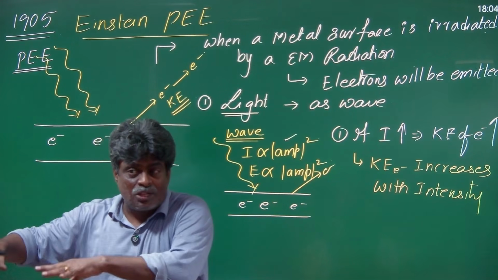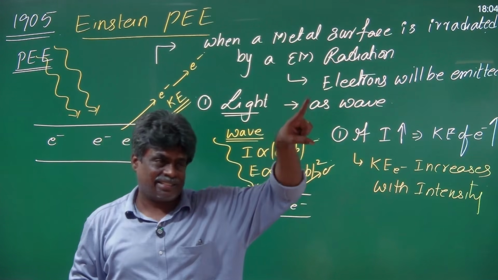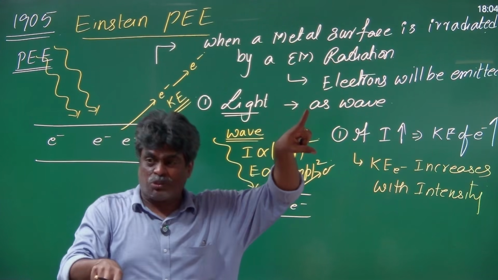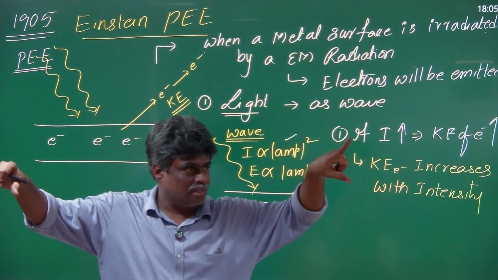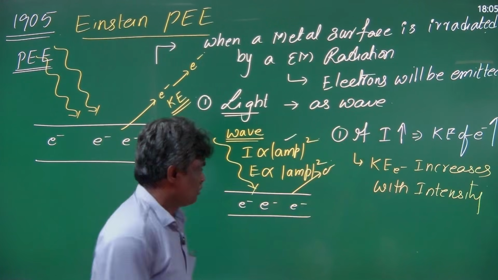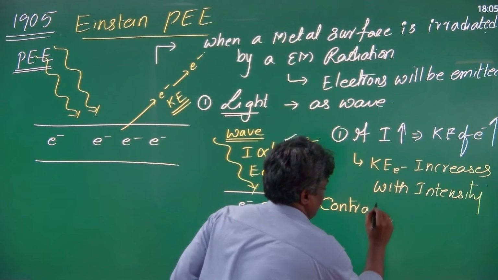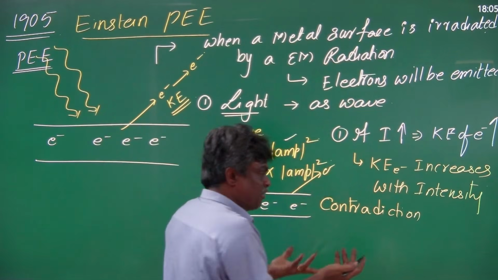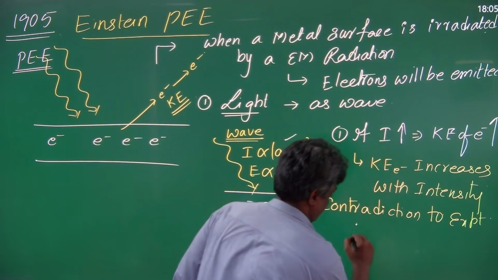So the kinetic energy of the ejected electron must vary with intensity. This all happens if you assume the light behaves like a wave. What is the point? So, contradiction. I can't write all the words, just if you listen carefully, you will understand. Contradiction to experimental result.